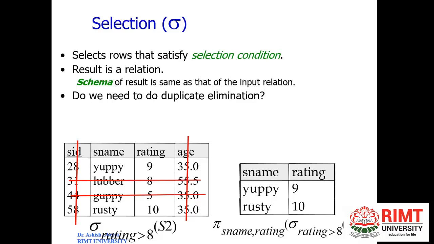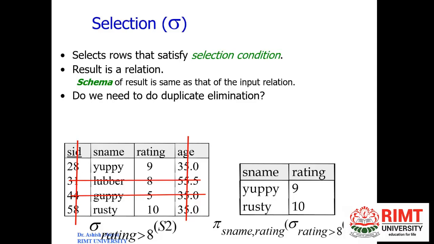Clear? So this query means we want those records whose rating is greater than 8. You can simply identify the records where the rating is 8, 9 and 10. So this line is not required, and we also do not require this line. It means Lubber and Guppy are not required, but Yuppie and Rusty are required.